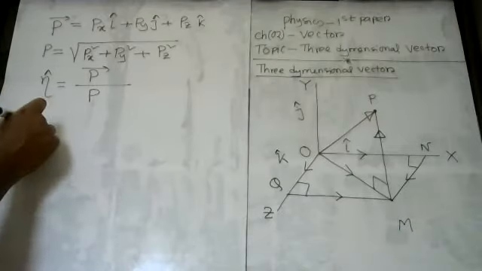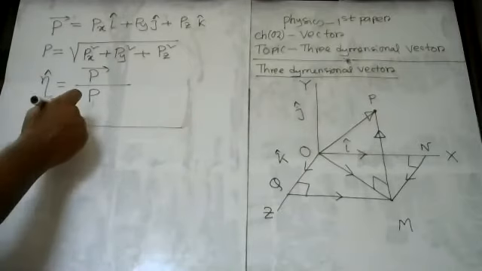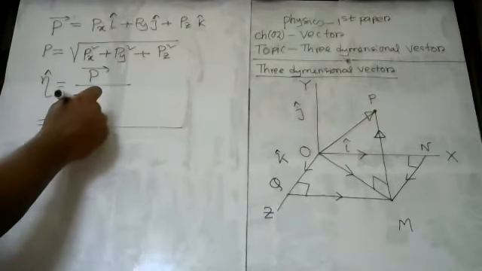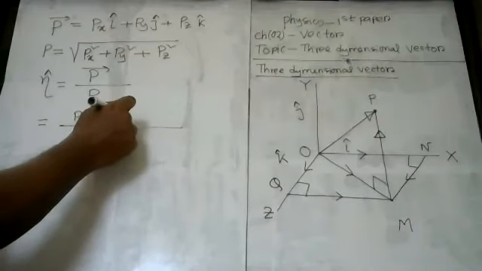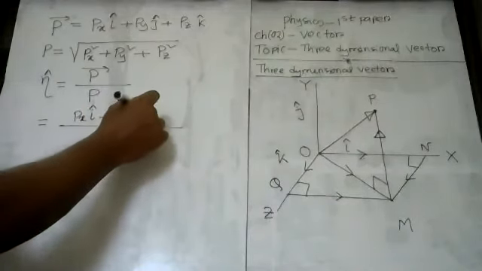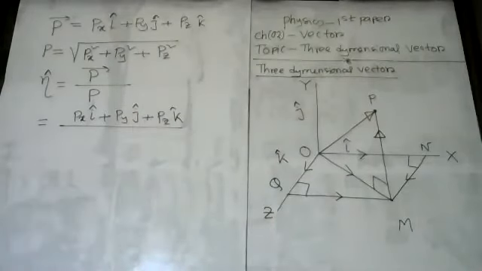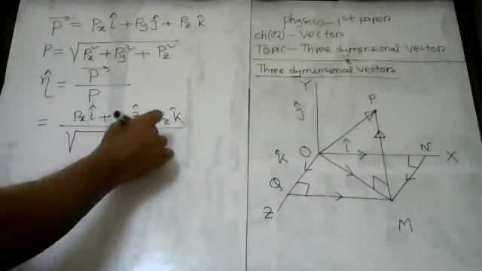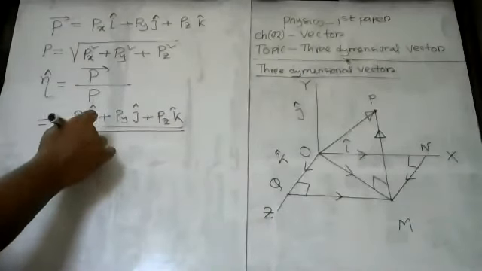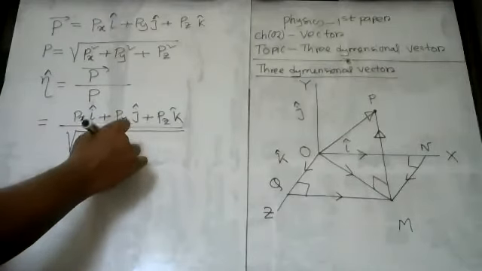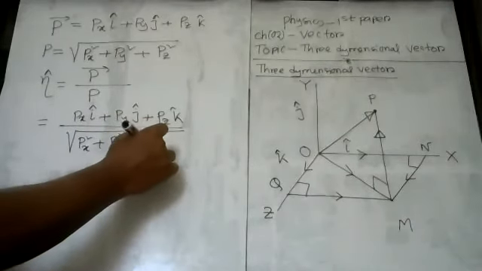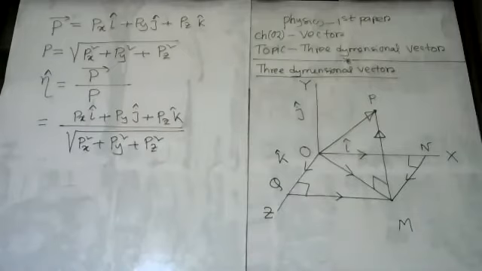Now, vector P will equal to Px I hat plus Py j hat plus Pz k hat, and 1 divided by the magnitude of vector P. The magnitude of vector P will equal to root over Px square plus Py square plus Pz square.